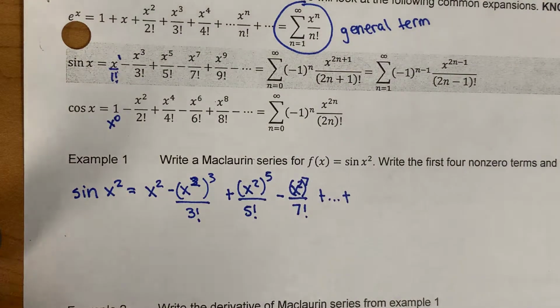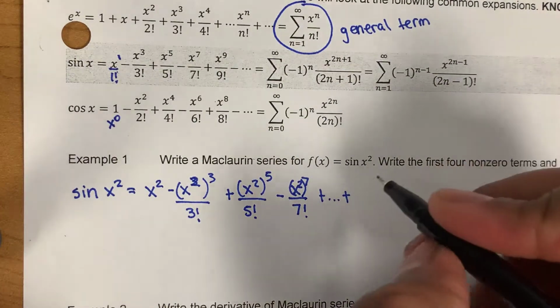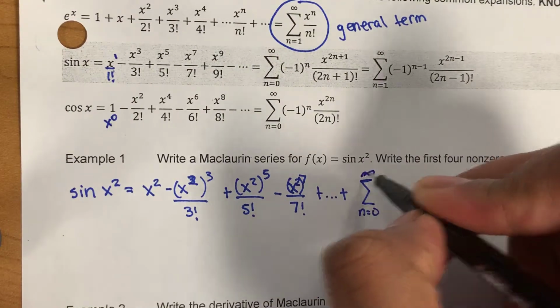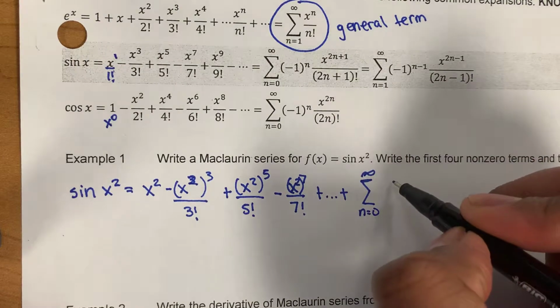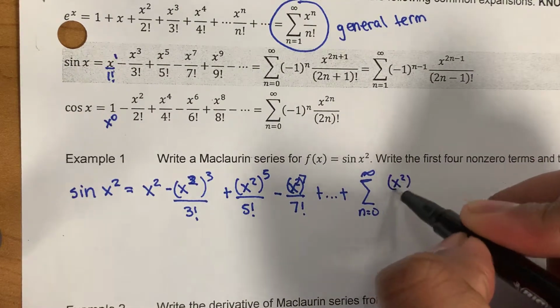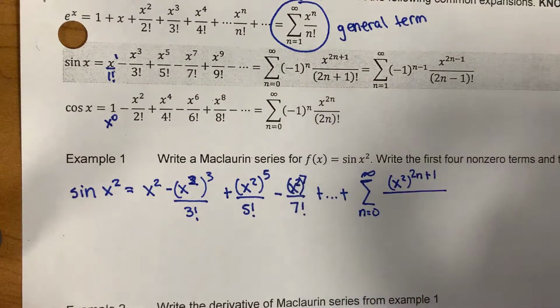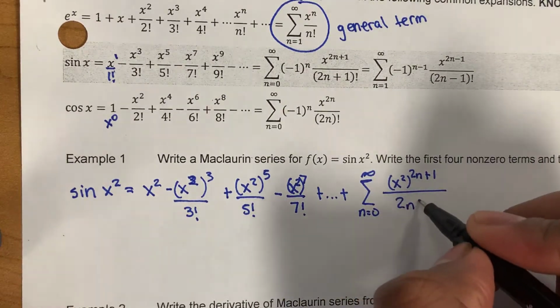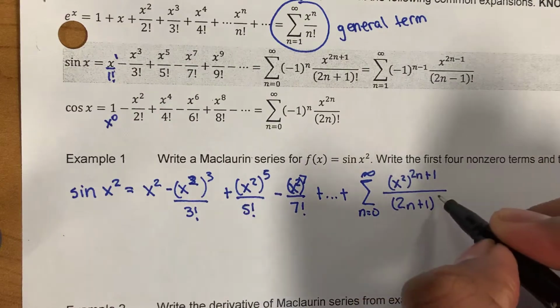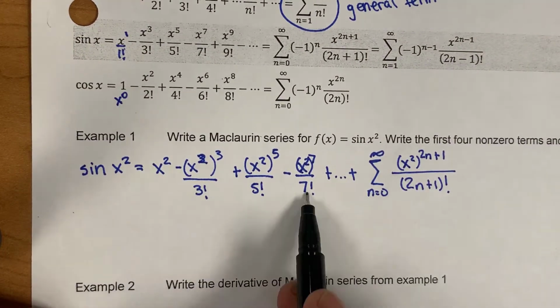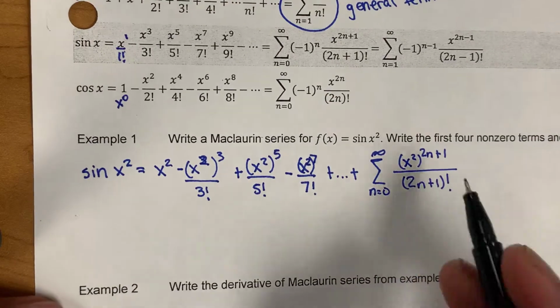So we're going to have the sum from n equals 0 to infinity of x squared to the 2n plus 1 over 2n plus 1 factorial. Again, this is our general term. We have 4 non-zero terms and our general term.